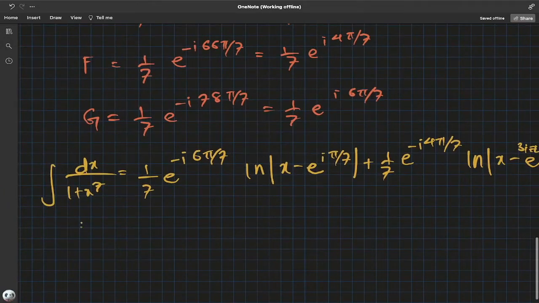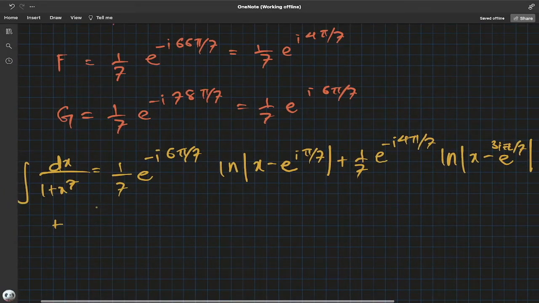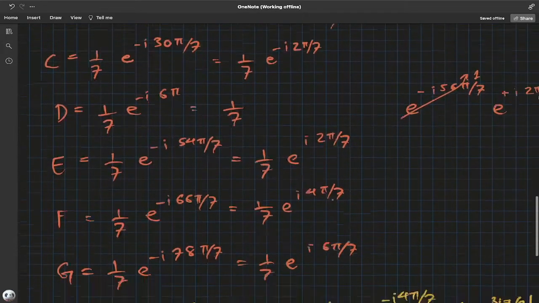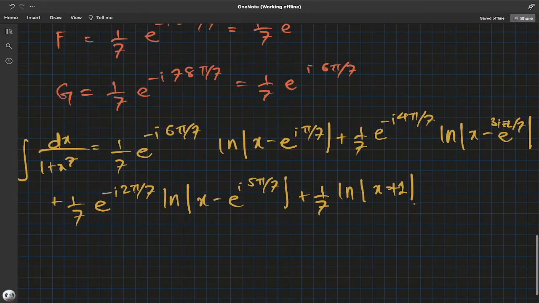Plus, we have a lot to write. 1/7 e to the negative i 2 pi over 7. See, kind of like decreasing by 2 pi. That's a nice symmetry we have there. Meanwhile, these increase. So we have 5 pi over 7, plus 1/7 natural log. This is the last factor, x minus 1. I think this should be a plus 1 though, because the factor was minus 1. So minus will be a plus.